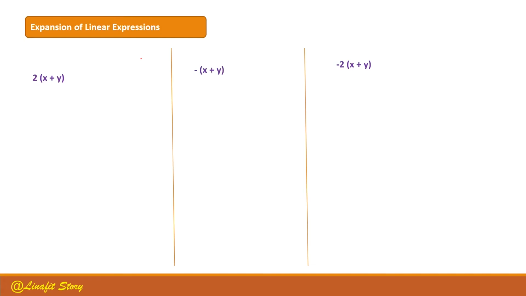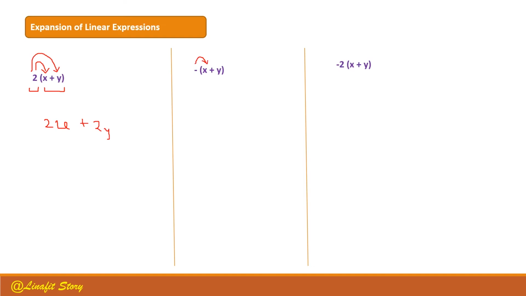Expansion of linear expressions. What does 2 open bracket x plus y close bracket mean? So this means 2 groups of x plus y. So 2 times positive x is 2x. 2 times positive y is positive 2y. How about negative open bracket x plus y close bracket?